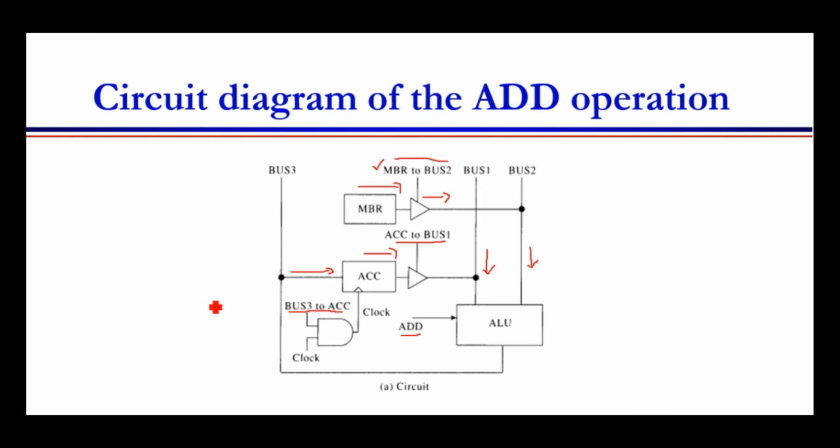So in this way, we can perform the add operation with the help of our bus structure, and we can use this bus structure for any of the instructions that are discussed earlier. So all the 16 instructions can be represented with the help of this bus structure, and we can use the bus structure for all of the 16 instructions.